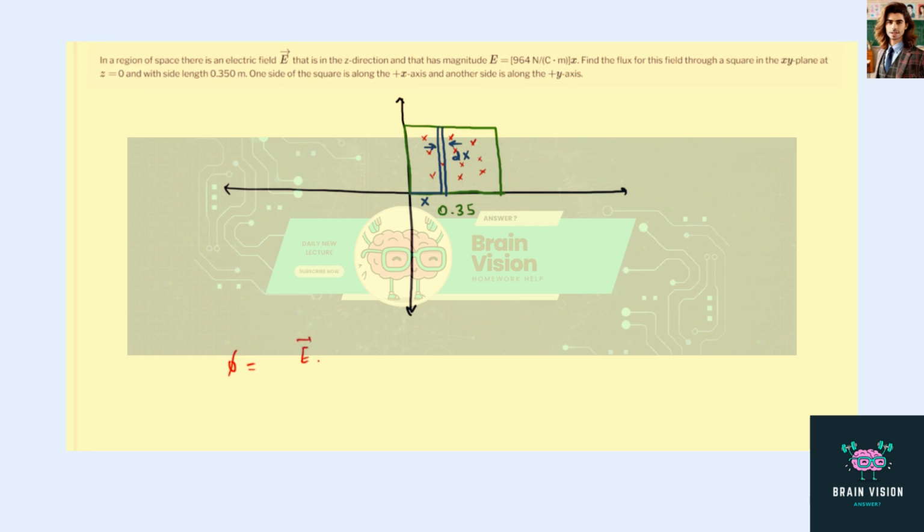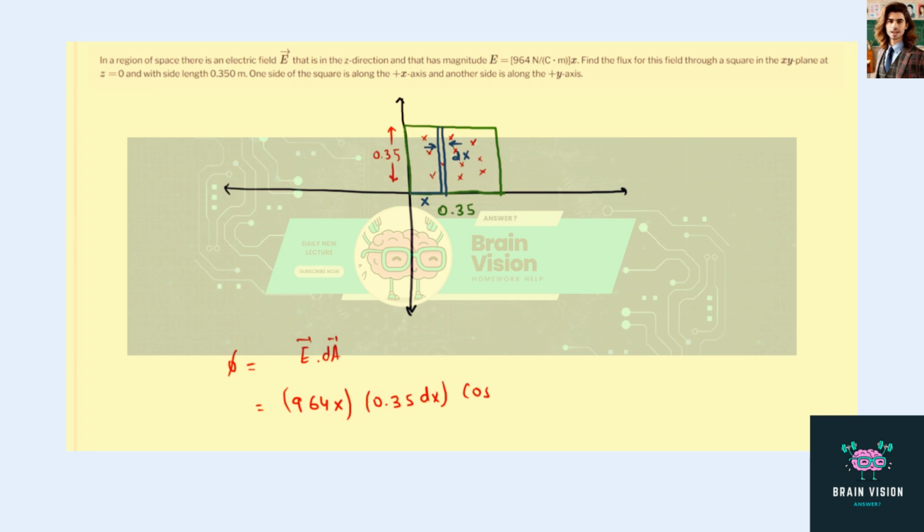E dot dA. dA is the small elemental area. E is 964x. dA is, this is a rectangle, so that's going to be a length times width. So the length is 0.35 and the width is dx. So that's going to be 0.35 dx, and this is a dot product, so we have cos of the angle between them, and we know that the electric field is pointing inward, and the area vector is also pointing inward or outward.